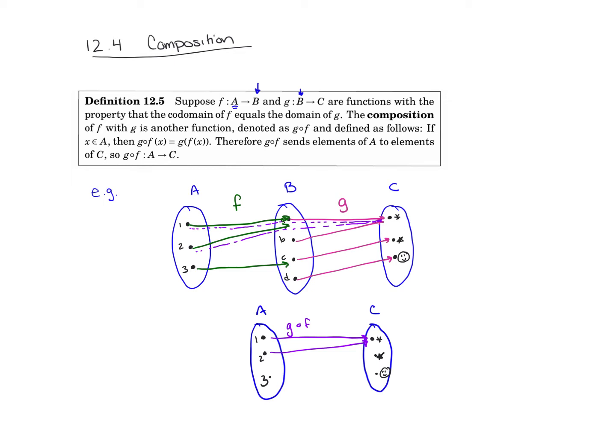And then f sends 3 to c, g sends c to star, so 3 gets sent to this other star here. So that's what my g compose f is going to be. So you should be familiar with this sort of idea, but now we're just seeing it in this new diagrammatic approach.